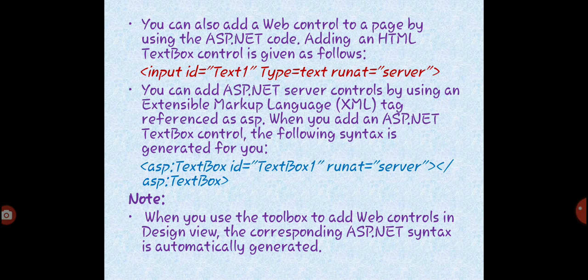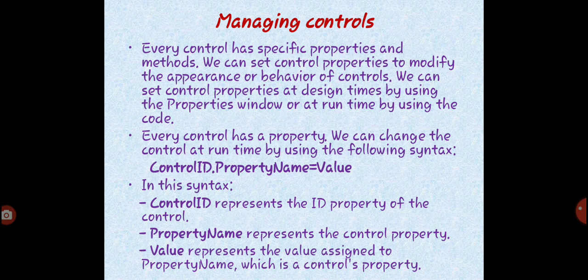So for example, here we can say TextBox1.Text = "hello". That's it. Control ID is TextBox1, property name is Text, value is hello. So when we put that, TextBox1 will get the value hello. When we run it, we can get the value hello inside the text box.